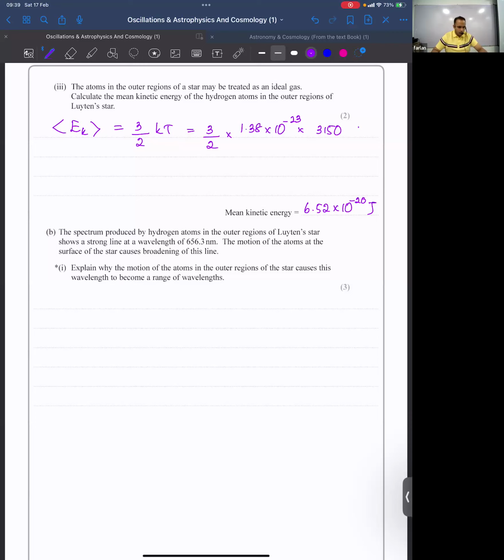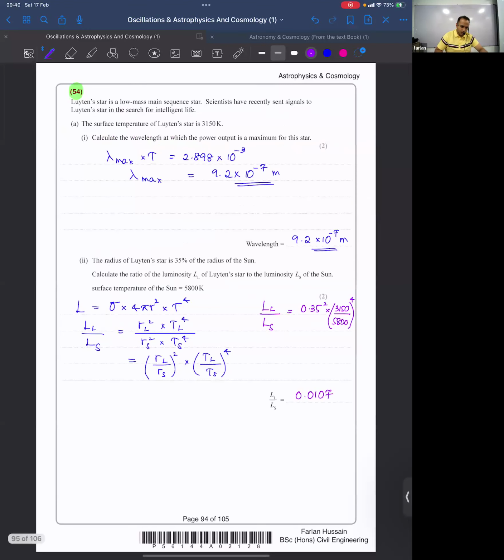Right. The spectrum produced by the hydrogen atoms in the outer regions of lightning star shows a strong line at a wavelength of 656.3 nanometers.